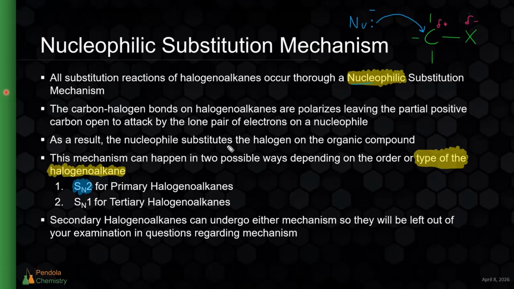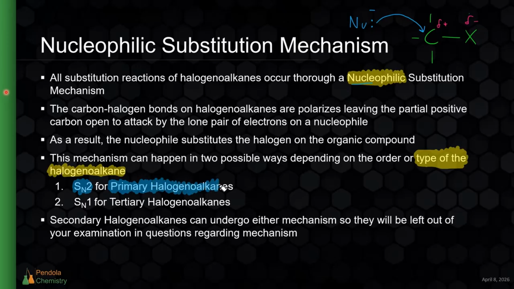And we discussed primary, secondary, and tertiary halogenoalkanes in section 1. A primary halogenoalkane is going to undergo SN2 mechanism. And we'll get into the difference between SN1 and SN2 in the next couple slides.